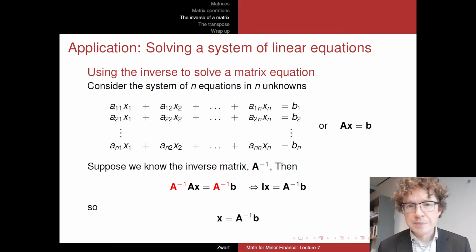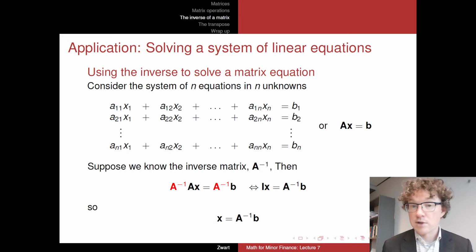Why is this useful? You remember when we introduced the matrices, I started out with this example of a system of linear equations. I mentioned that in economics or finance, or mathematics, you often have to solve these large systems of linear equations in unknowns. Typically those hopefully are square systems, so with n equations in n unknowns.